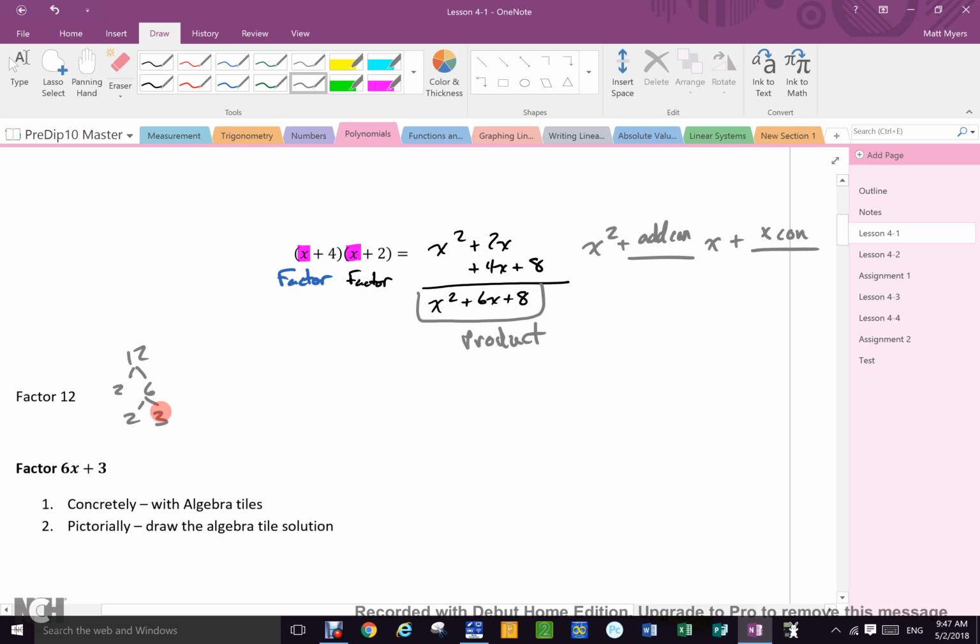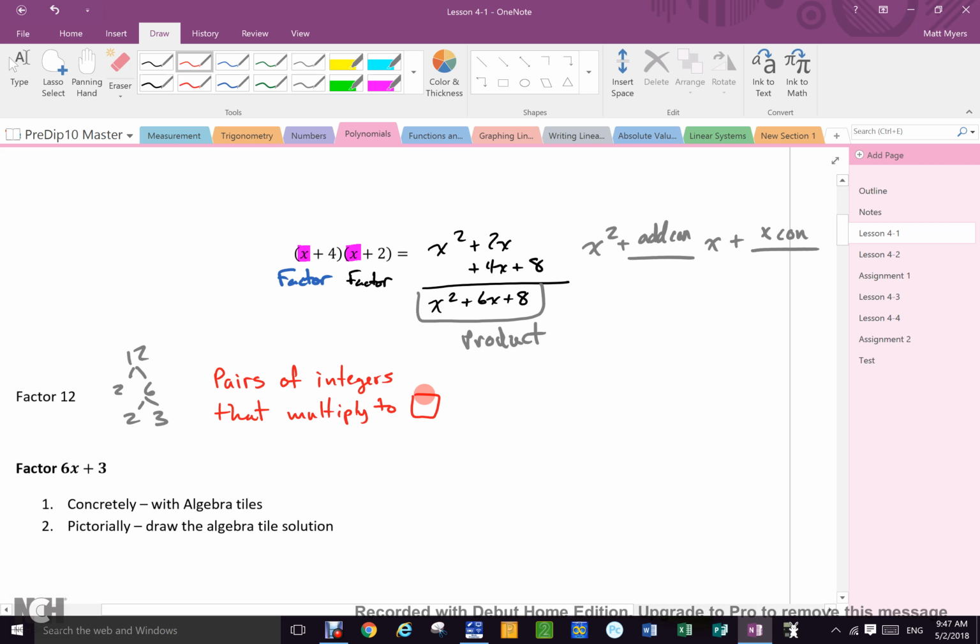In this unit, when I say factor 12, I want pairs of integers that multiply to 12, to whatever number we needed. In this case, it's 12.